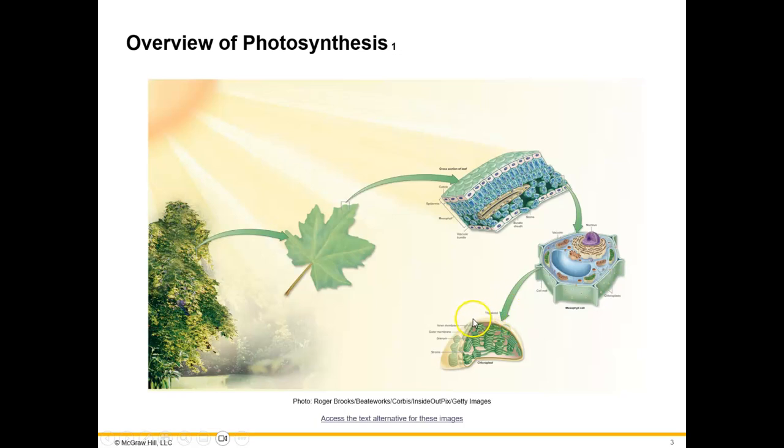This is going to be necessary for any kind of photosynthesis that's going to take place, whether it's algae or plants. We're going to be inside this chloroplast, and everything's going to take place either in the thylakoids or the stroma of that chloroplast.